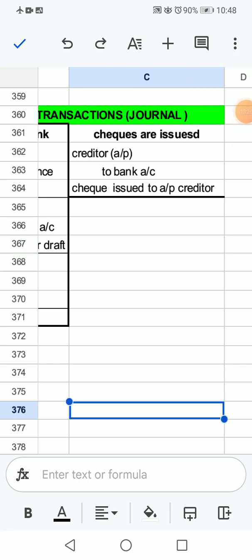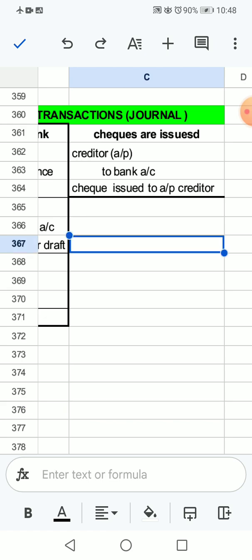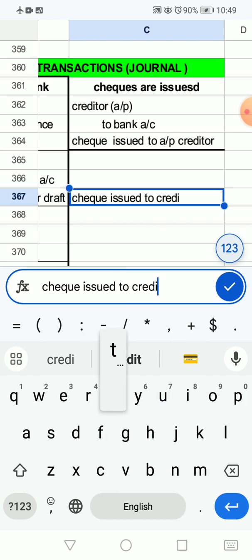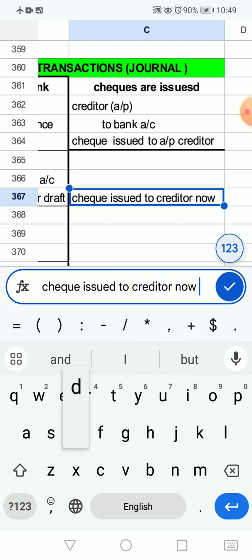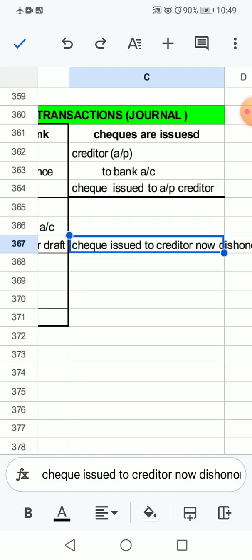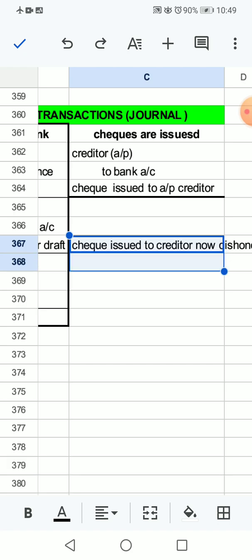Now when the creditor goes to your bank, due to any issue, he will not be able to get that amount, and that check will be dishonored. There might be several reasons, but what is happening is the check which was issued to the creditor is now dishonored. This is our narration. Check which was issued to the creditor now dishonored.